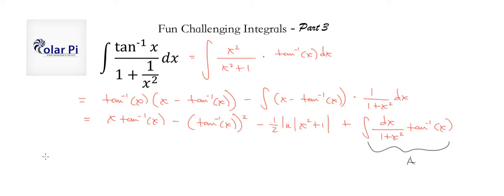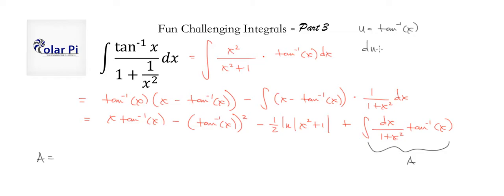So A, notice, which is this, is going to require integration by parts again. And originally we also picked u to be tan inverse, so we're going to do the same here. I pick u to be tan inverse x.